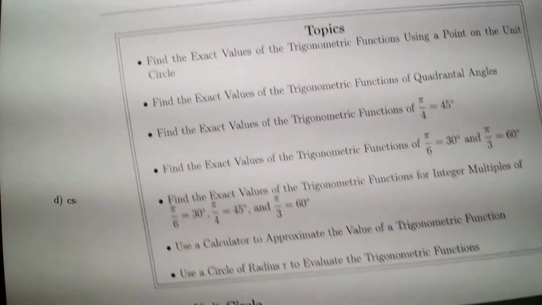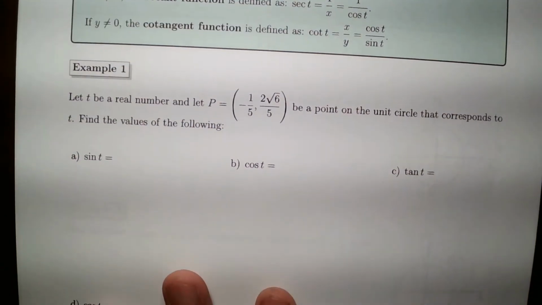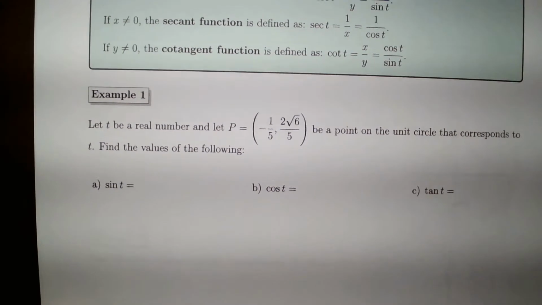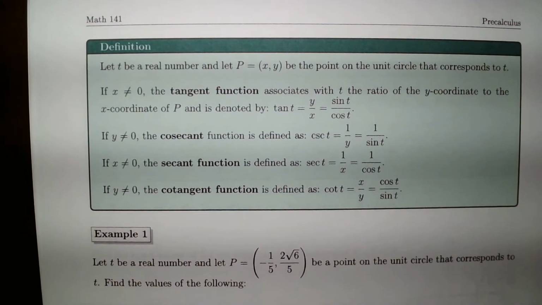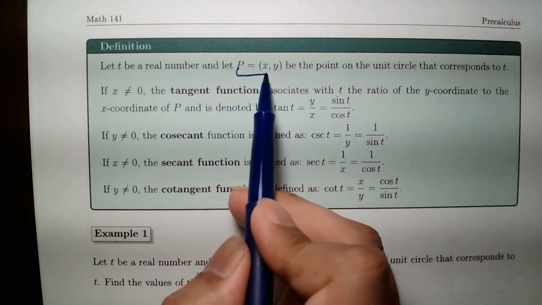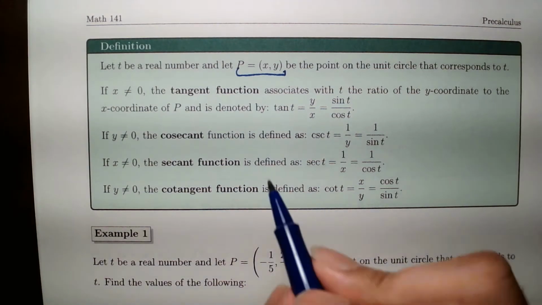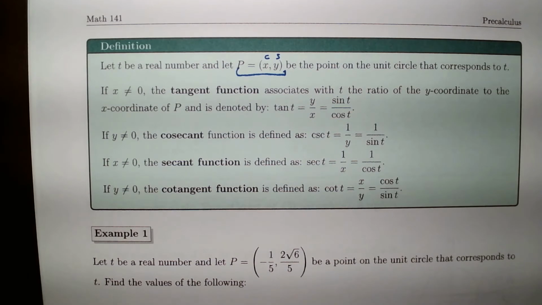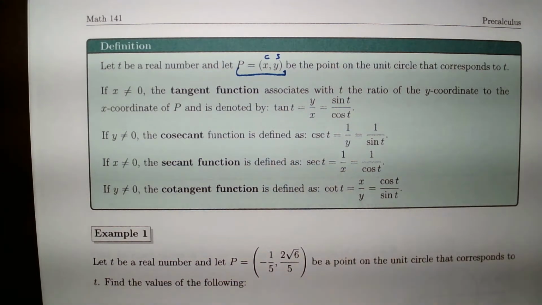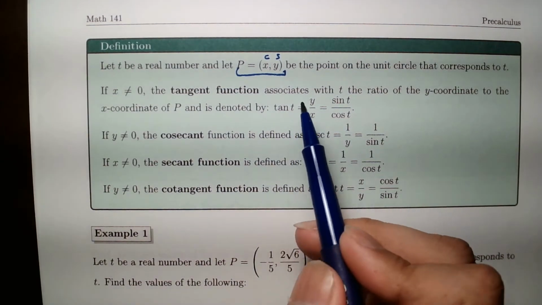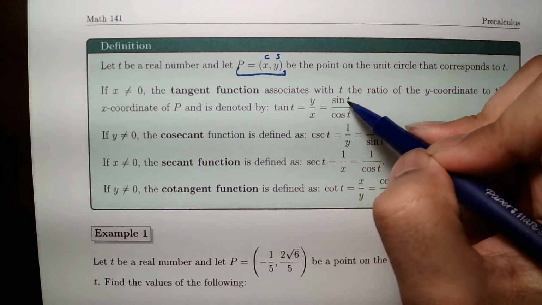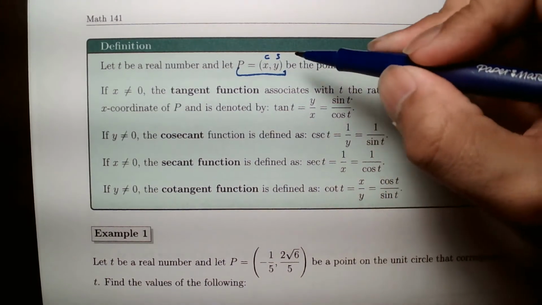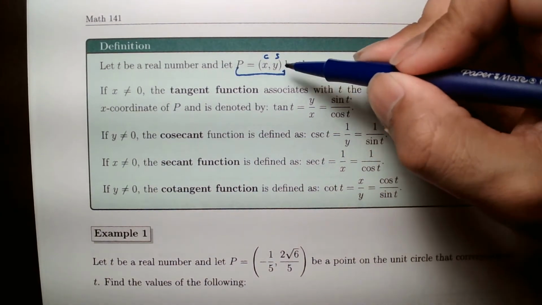Alright, let's go over the definition of the remaining trigonometric functions. We have the point (x, y) that we defined on the previous page, in which x is the cosine and y is the sine. I'm just going to use c and s for short, and it corresponds to the angle t. The tangent function is the ratio y over x, which is sine over cosine. Again, keep in mind, sine is y, cosine is x.